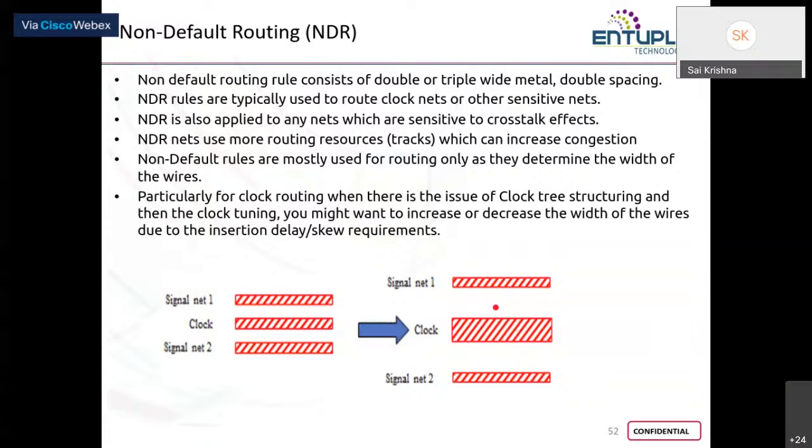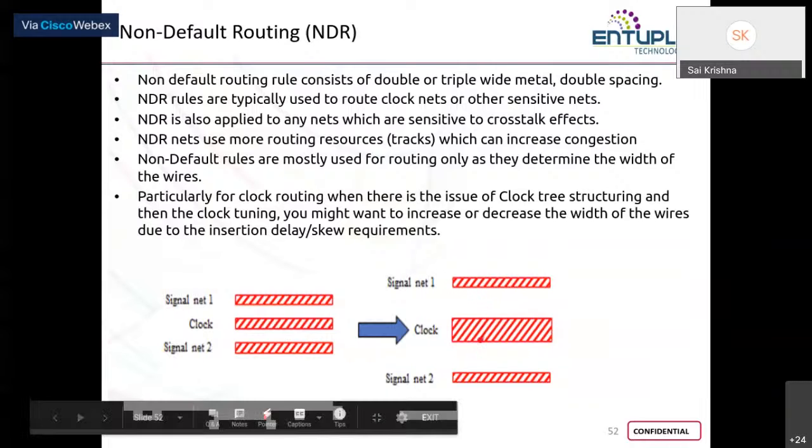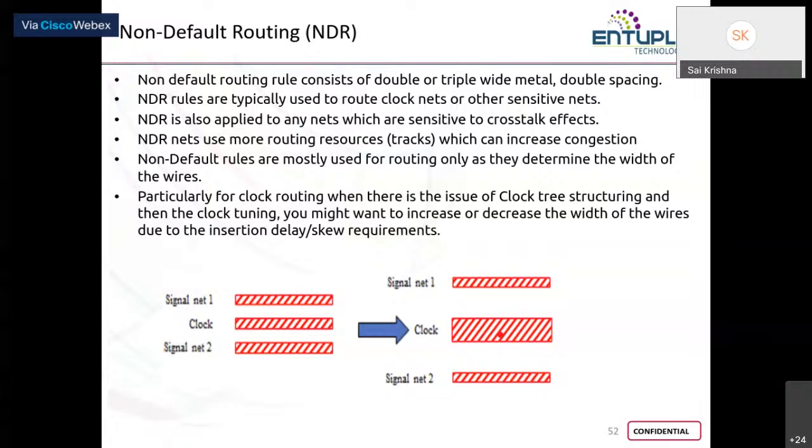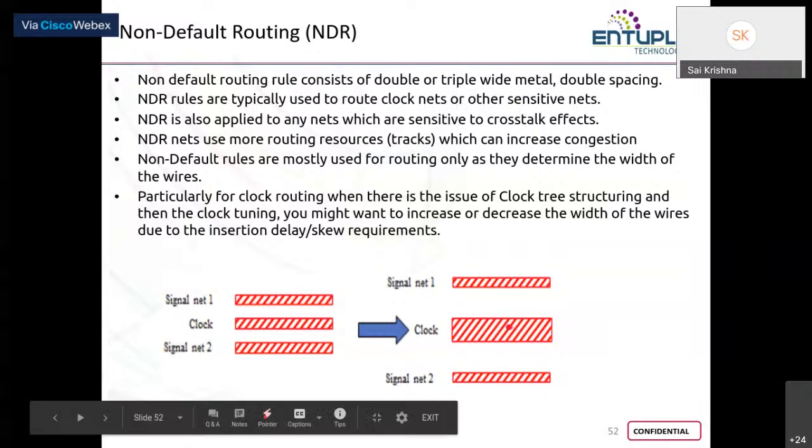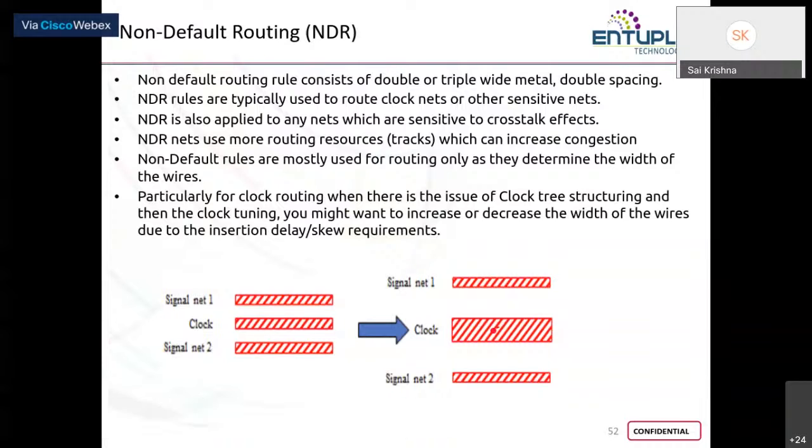For your information, crosstalk always happens between two signals, where one switches very fast and the other switches slowly. So here, if you take your signal one, and clock as your reference, your clock switches too fast compared to that of a data signal.